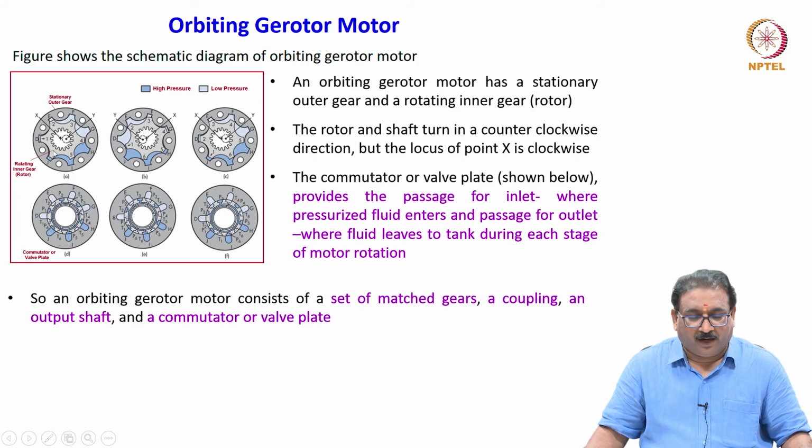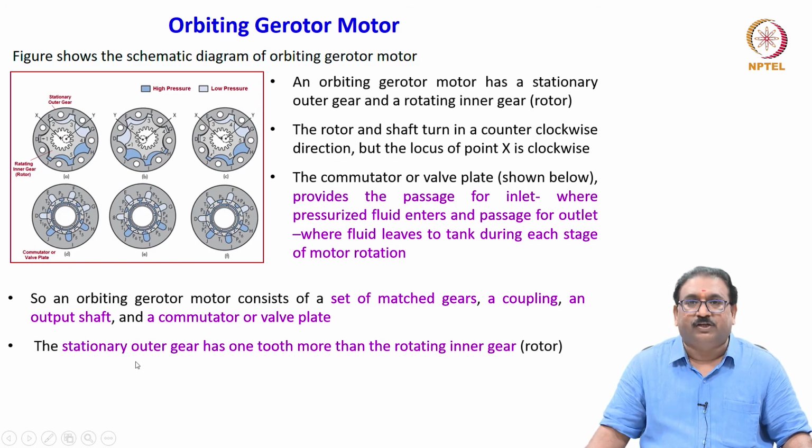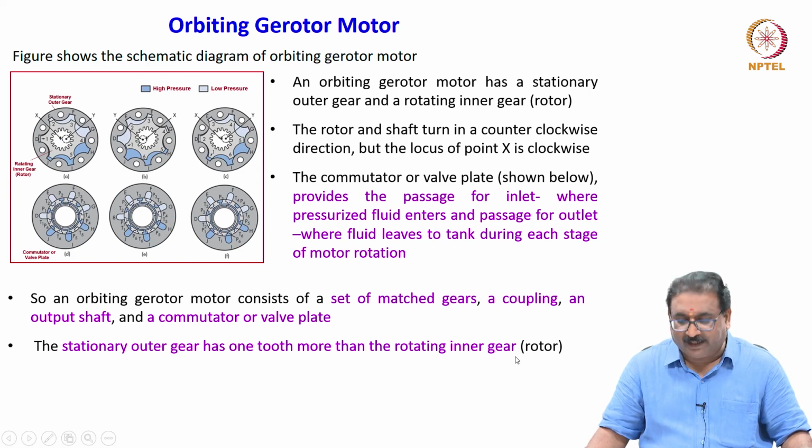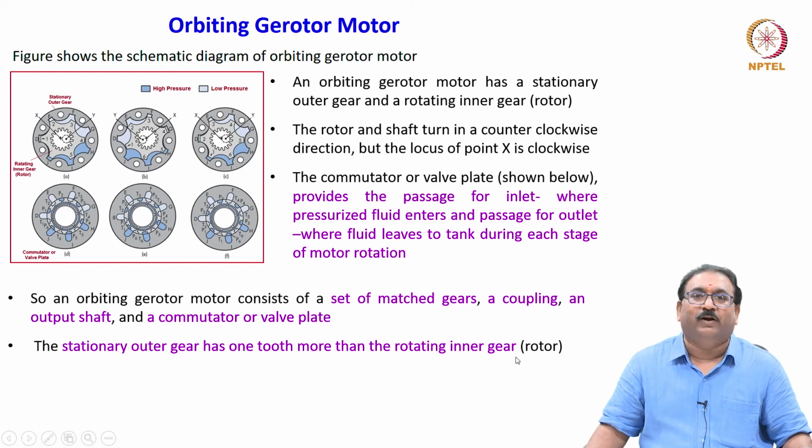So, an orbiting gerotor motor consists of a set of matched gears, a coupling, an output shaft, and a commutator or valve plate. The stationary outer gear has one tooth more than the rotating inner gear, similar to the previous one.